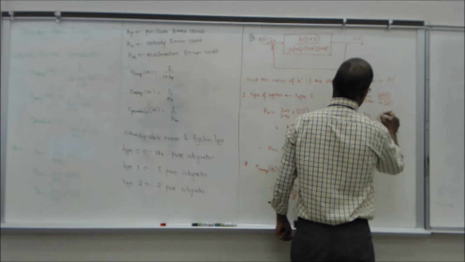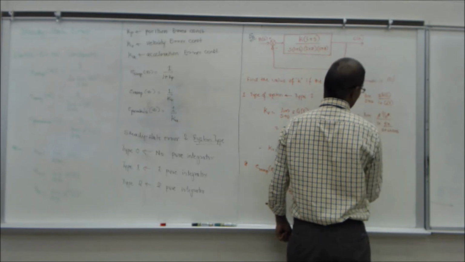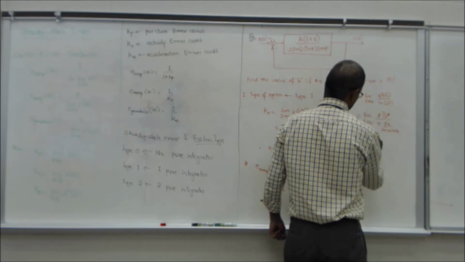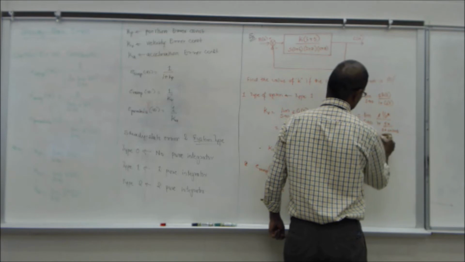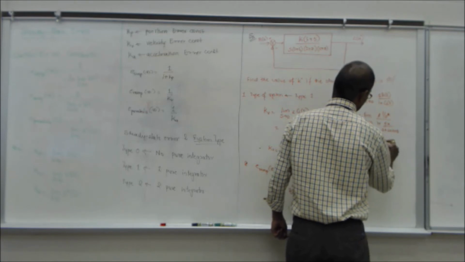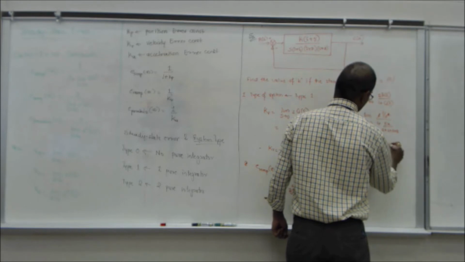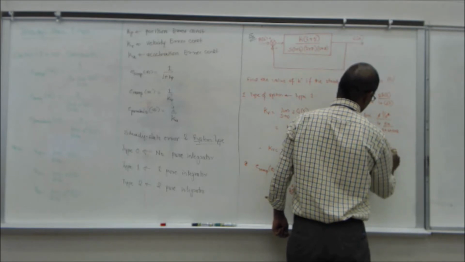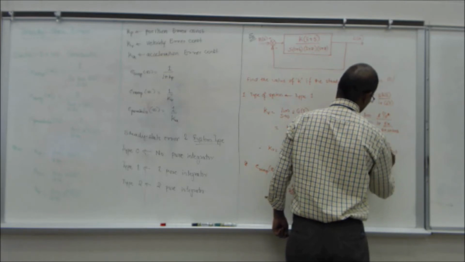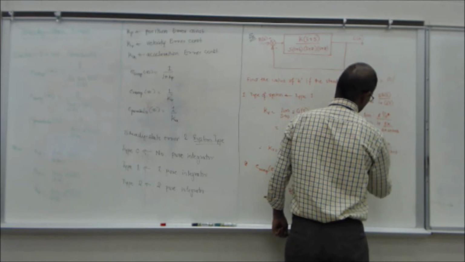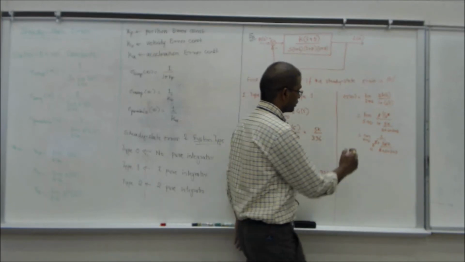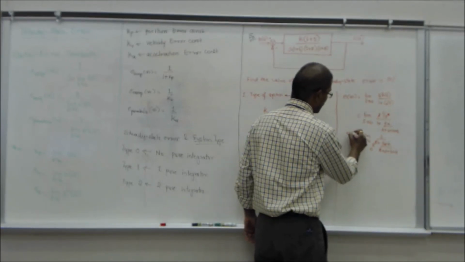This s cancels with this, so s comes to the denominator, and you have limit s tends to 0, 1 over s plus 5sk over s into 6 into 7 into 8. So you have s, this goes to 0. Right? So you see, this is given to be 0.1.